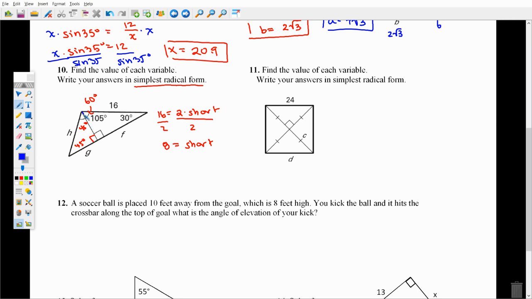So this length right here. And then if we want to find the long side, the one across 60 degrees, the long, or in other words f, is equal to our short side, so 8 times square root 3. So f is equal to 8 square root 3.